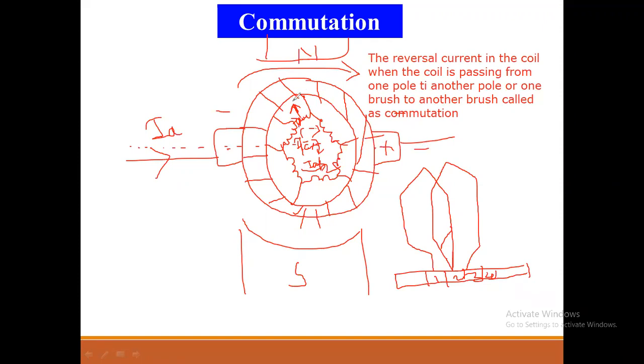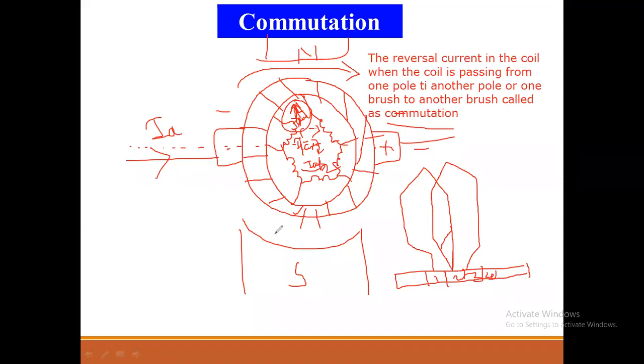When this coil, the coil we have considered, suppose this is coil A, passes the brush axis, that means transfers from here to there, because it is a rotating part. So the coil rotates, and the armature conductors placed in the slots are also rotating. So when this coil passes from the brush axis, or from one pole to another pole, at that situation the reversal of current happens in that coil. So this process is called commutation.